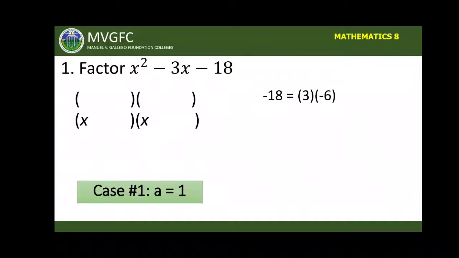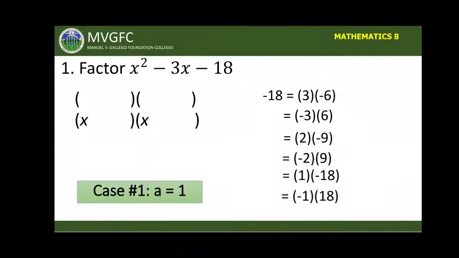So, let us try muna for negative 18. So, pag pinag-add natin for example, we have 3 and negative 6. 3 times negative 6 is negative 18. Okay? But when you add 3 and negative 6, that is equal to negative 3.